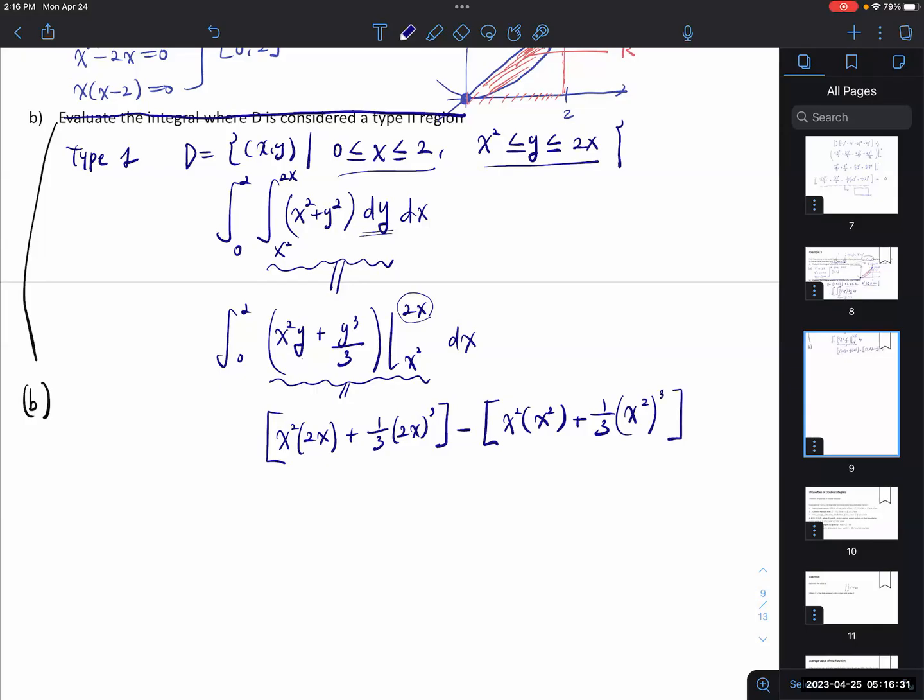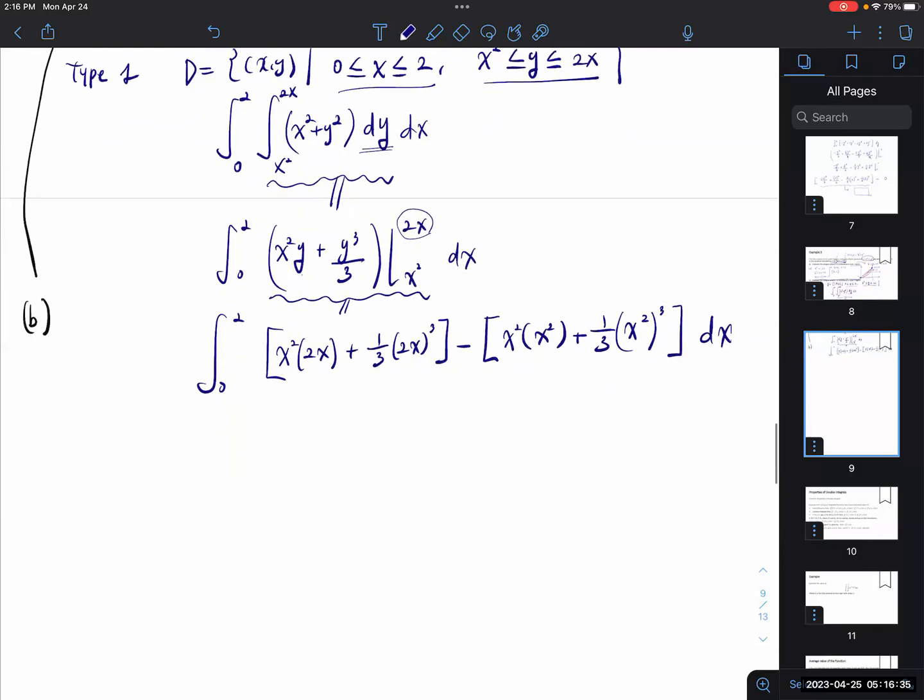So this is the inside, and you're going to take the dx later. If I simplify as much as I can, this is 2 over 3 times 8... that is 2x to the third, 2 over 3, x to the third, and do the distributive property, minus x to the 4 minus 1 over 3, x to the 6. Now with everything, we are going to take the integral with respect to x.